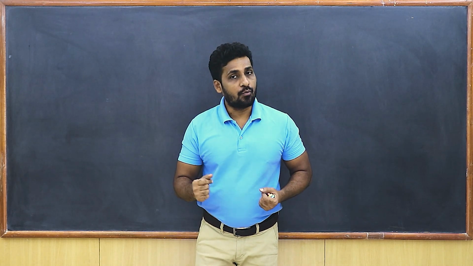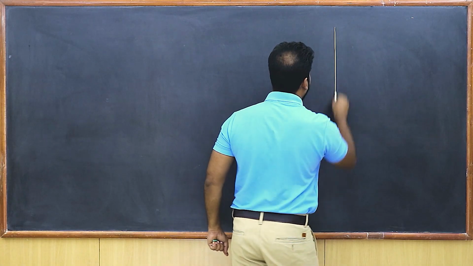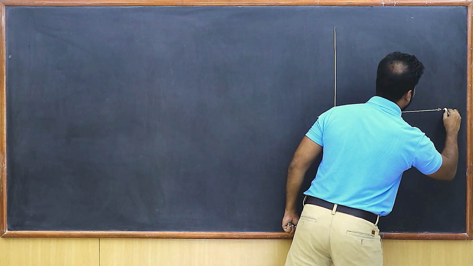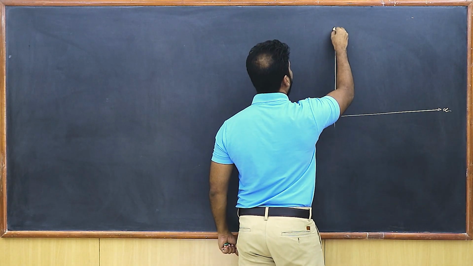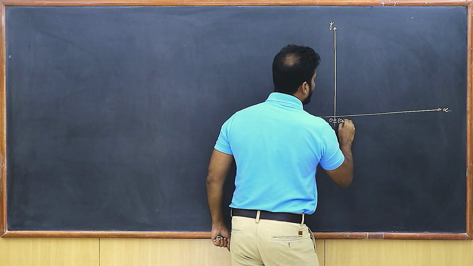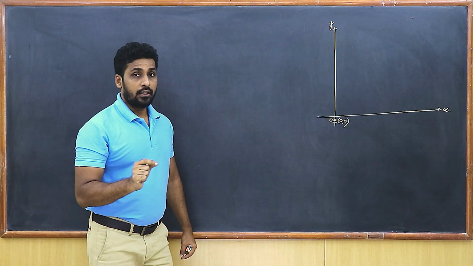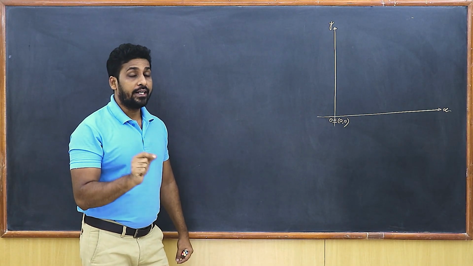Let's understand this with the help of a diagram, students. So if I have the x-axis and the y-axis, point O is the origin whose coordinates are 0, 0. Now, I'm using small letters for the old coordinate system.